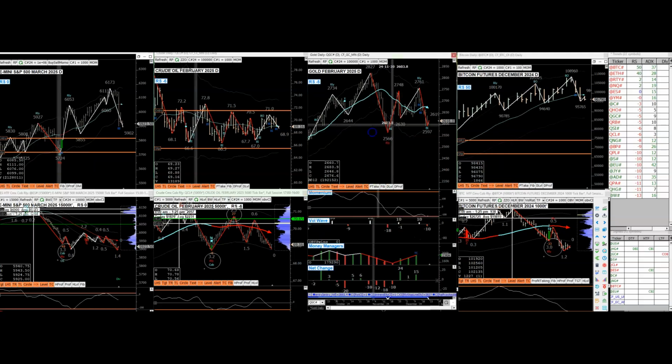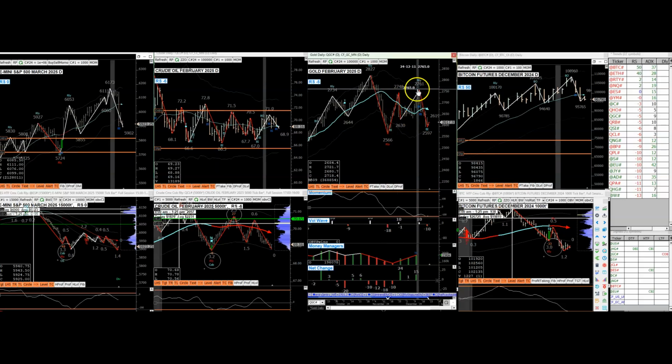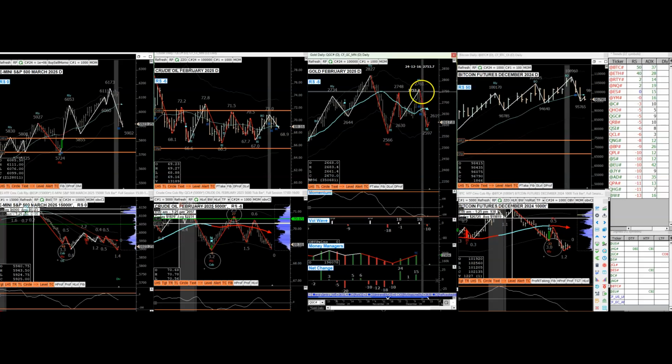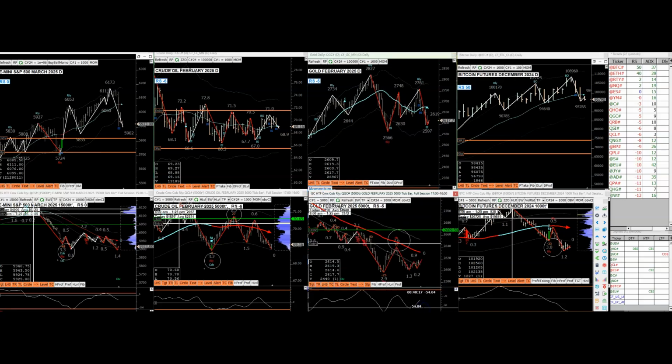Same thing here on gold, right? Where you have this selling, and then it ding-dongs over here. You see this high, 27.48, it goes to 27.61, and I'll explain why I did that too, one second.